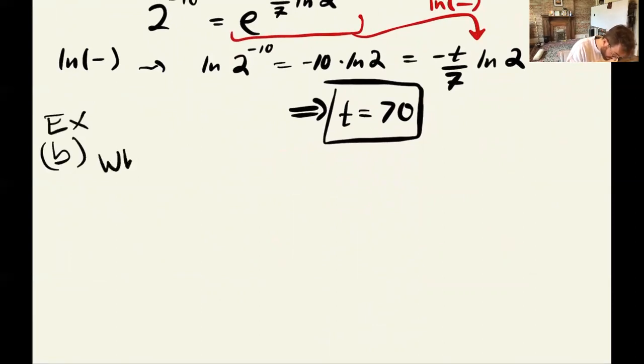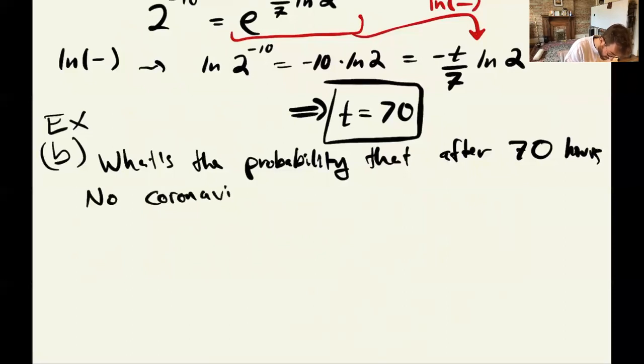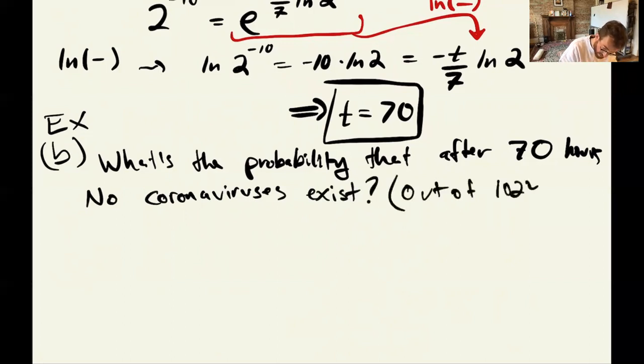Now, what's the probability that after 70 hours, no coronaviruses exist? This again is out of that 1,024.